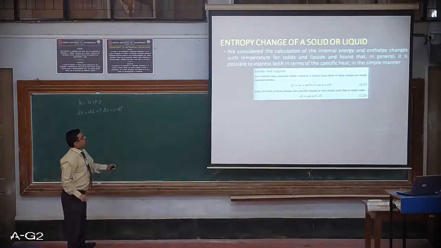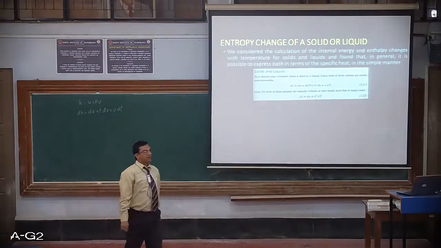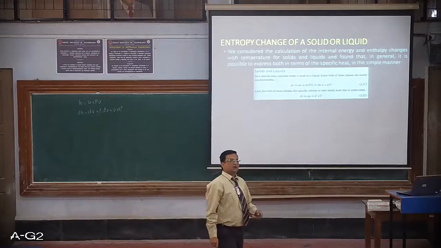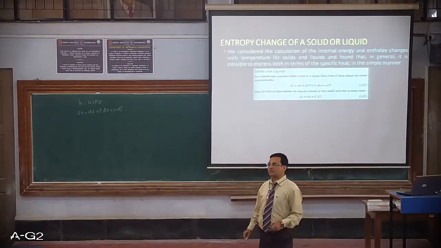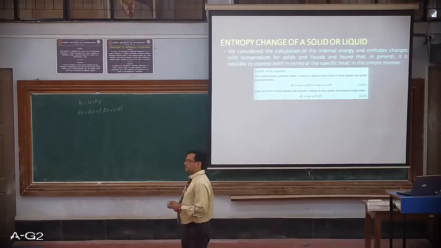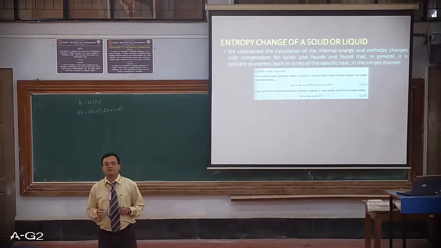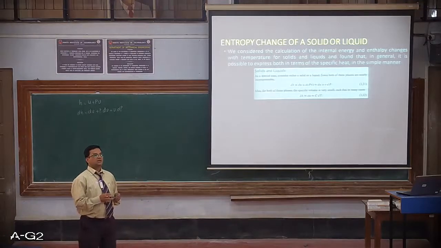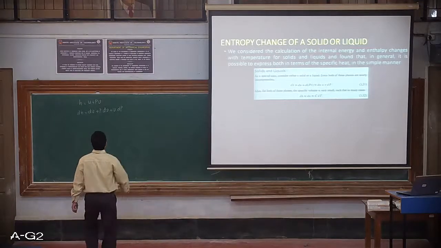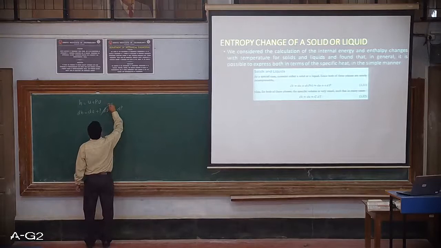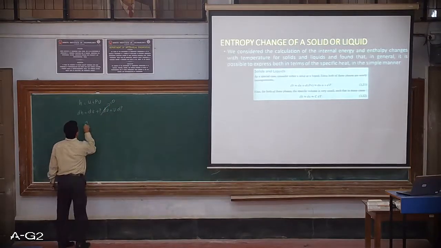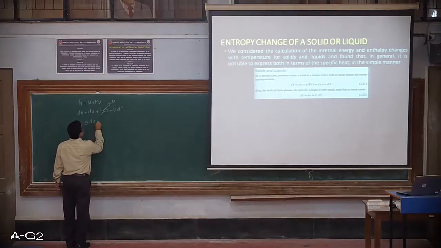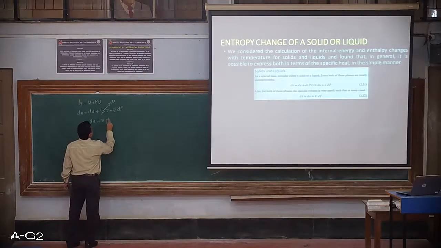Now since we are using it for solid or liquid, both are incompressible. Liquids are incompressible, meaning what? There is literally no change in volume. So from here this term vanishes, dV becomes 0, and hence this equation is nearly equal to dU plus V dP.